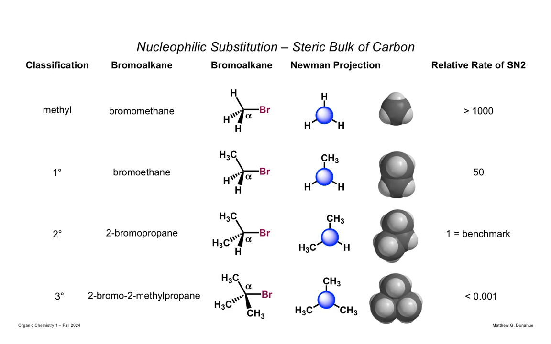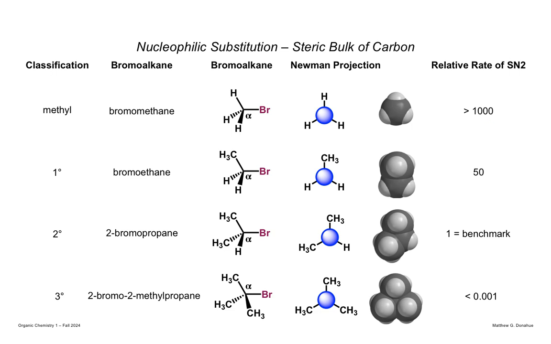The rate is primarily determined by the class of that electrophile, as shown in the first column. If we compare bromomethane, bromoethane, and 2-bromopropane, the 2-bromopropane is the benchmark, with a rate of 1. Bromoethane is 50 times faster, and bromomethane is 1,000 times faster.